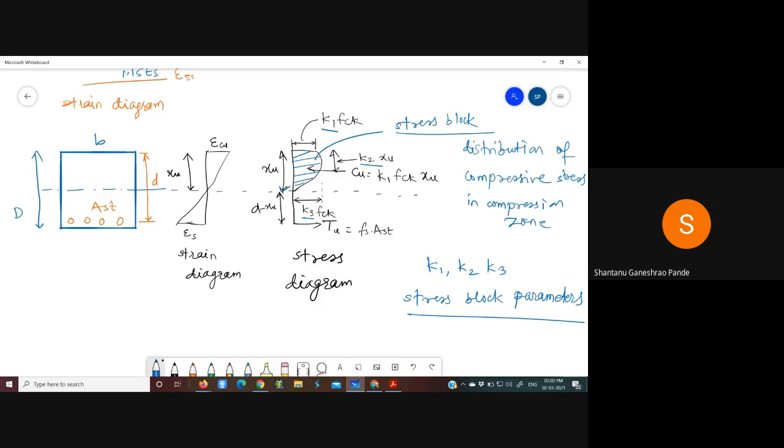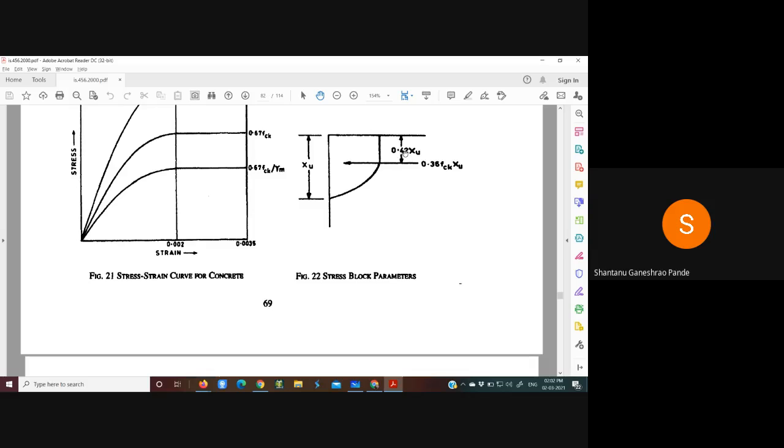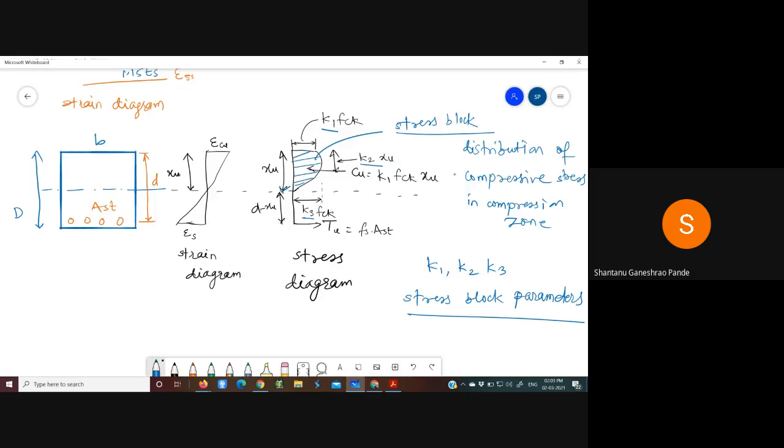Now if you compare this with 0.42 xu, this is the stress block parameter, figure number 22, page number 69, you can note it down in your notebook as well. If you compare, here you will get the values of two constants. K2 into xu is the depth of the force, and 0.36 fck into xu, if you compare this value, is equal to k1 into fck into xu.